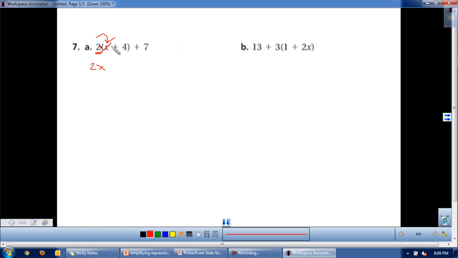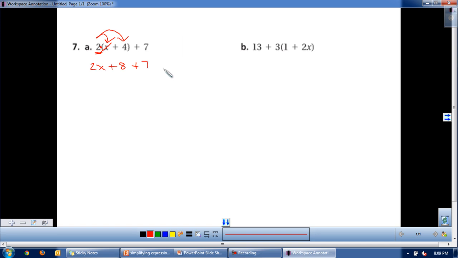So that's why it's a good strategy to cross out the term that you've already multiplied to remind you that you still need to do the other one. Now we'll take 2 times 4, that's positive 8, or plus 8. Then we'll bring down the 7.